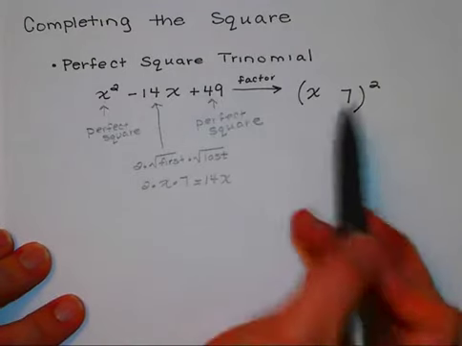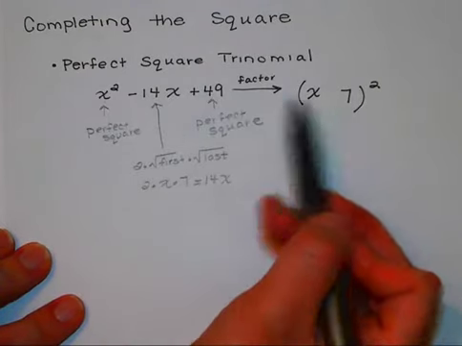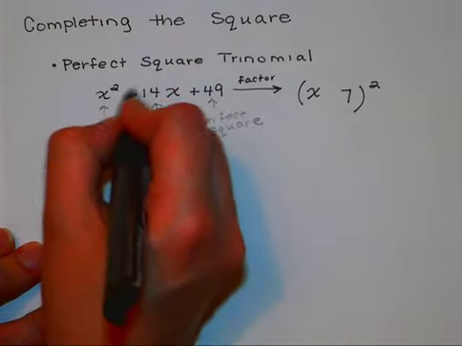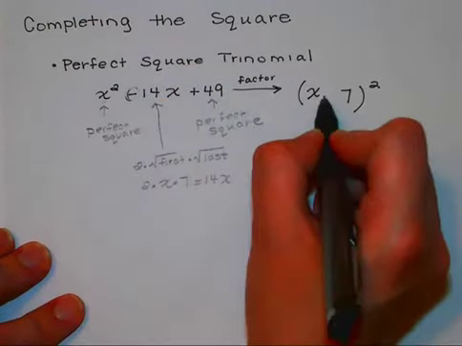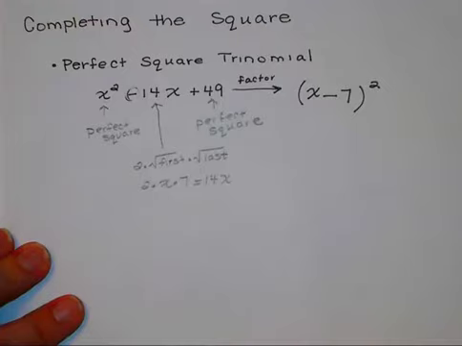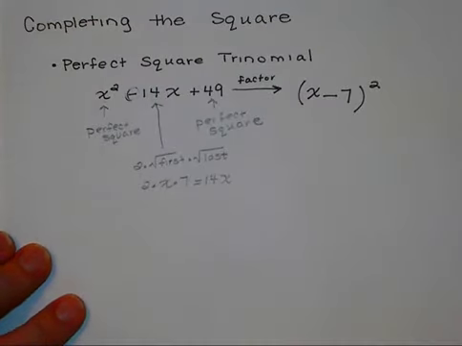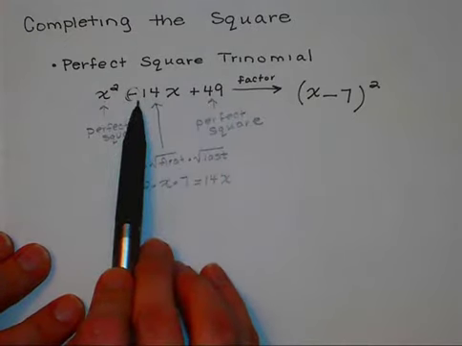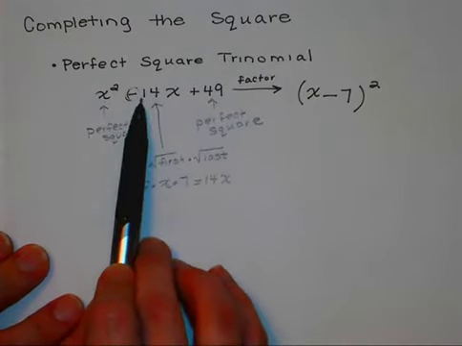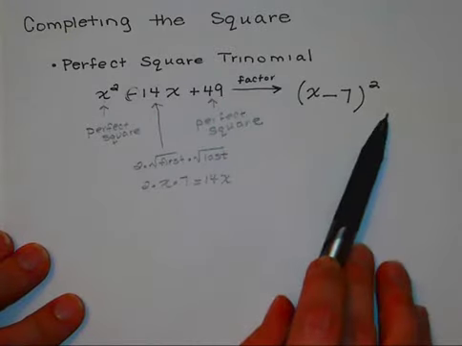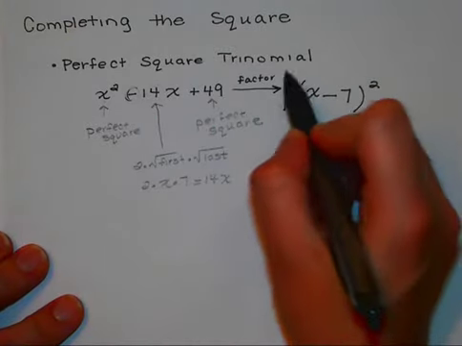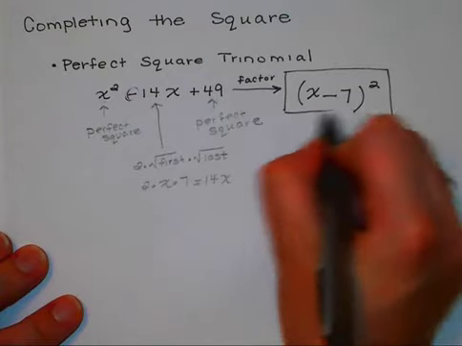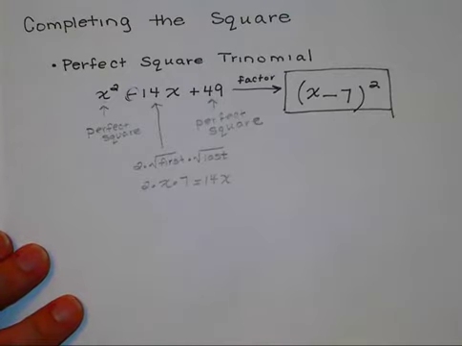And the sign between those two terms is the middle sign from your equation. So in this case, it ends up being a minus. Perfect square trinomials can still be factored using our standard method of what multiplies to 49, adds to negative 14. This is just a faster shortcut to factor using, again, square root of the first term, sign from the middle, square root of the last term.